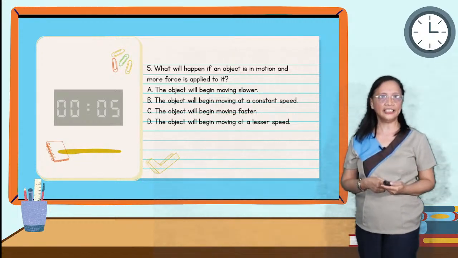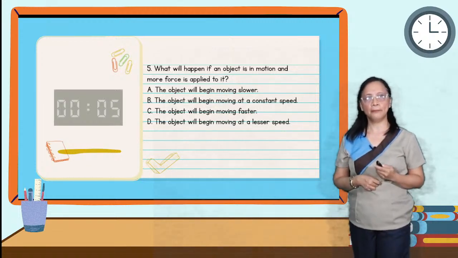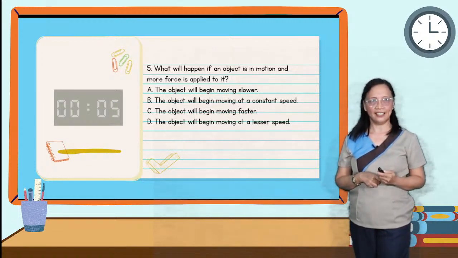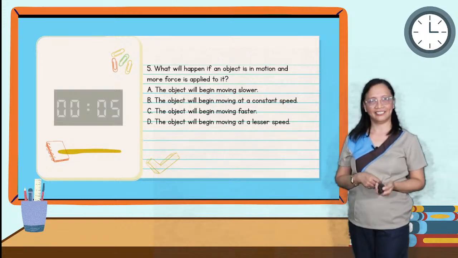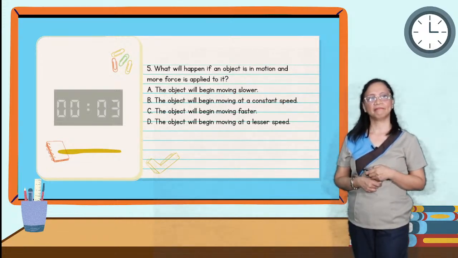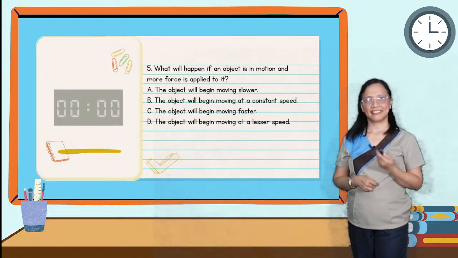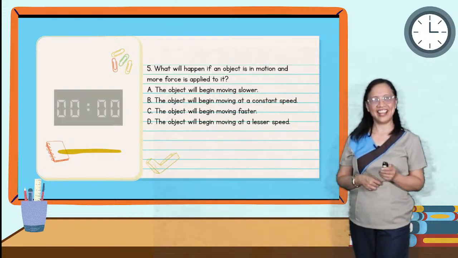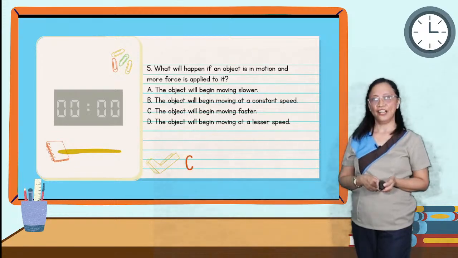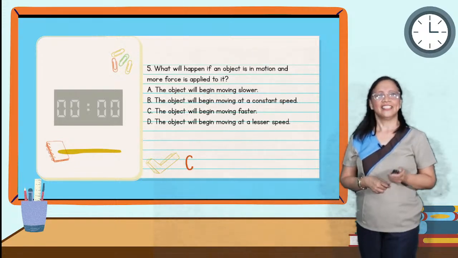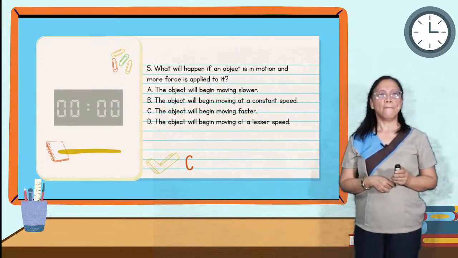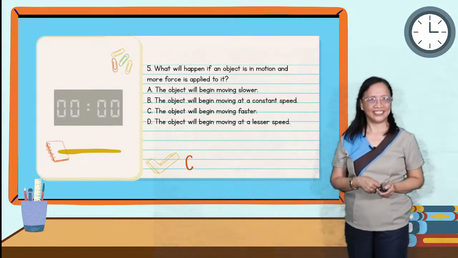Or letter D, the object will begin moving at a lesser speed. Timer starts now. And the correct answer is letter C. The object will begin moving faster.